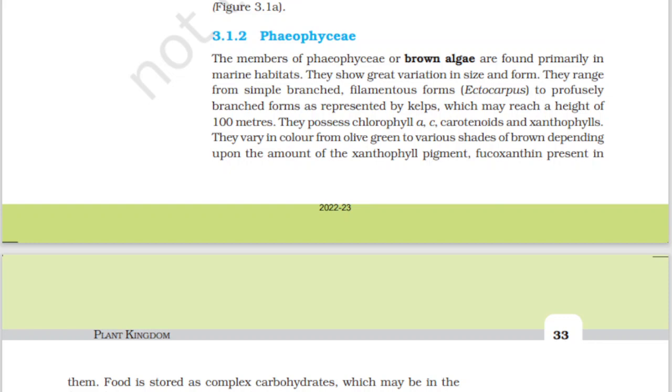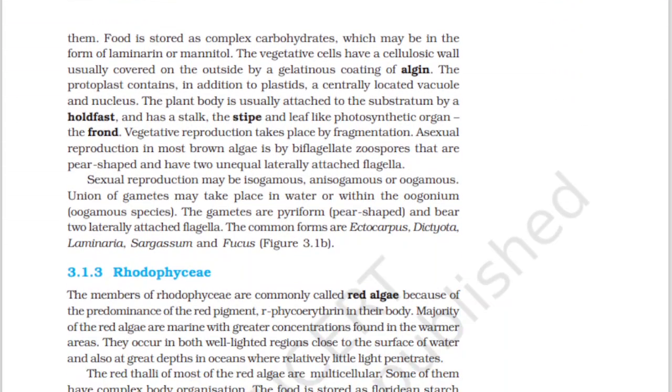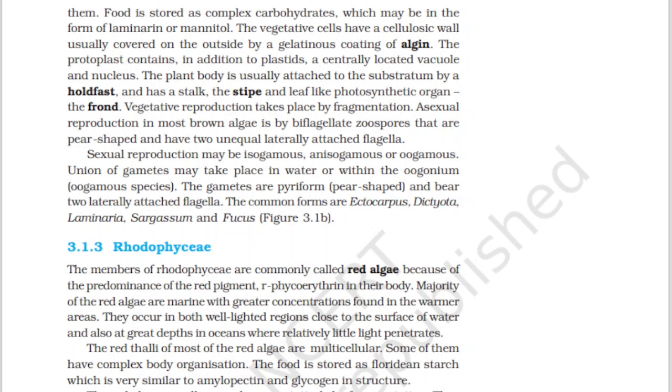Food is stored as complex carbohydrates, which may be in the form of laminarin or mannitol. The vegetative cells have a cellulosic wall usually covered on the outside by a gelatinous coating of algin.